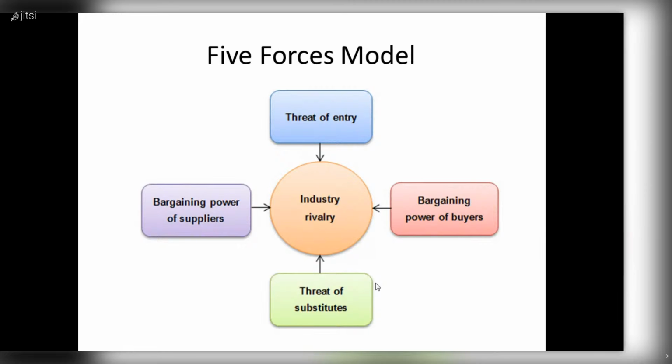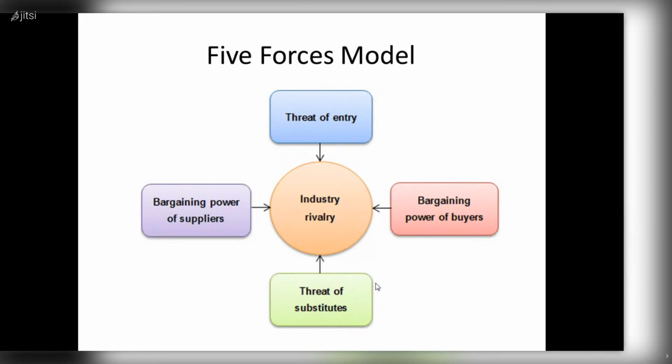So these are the few situations where suppliers have strong bargaining power. I'm talking about the suppliers.